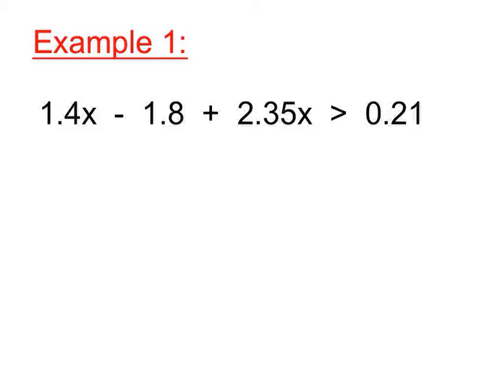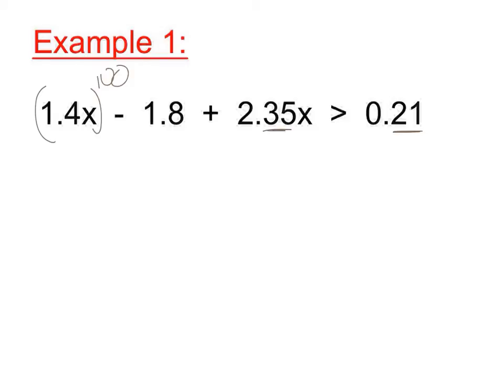In example 1, we have 1.4x minus 1.8 plus 2.35x is greater than 0.21. As you look, notice that we have two decimal numbers that have 2 digits after the decimal, so we're going to need to multiply each of our terms by 100 to eliminate the decimals. So let's do that. 1.4x times 100.